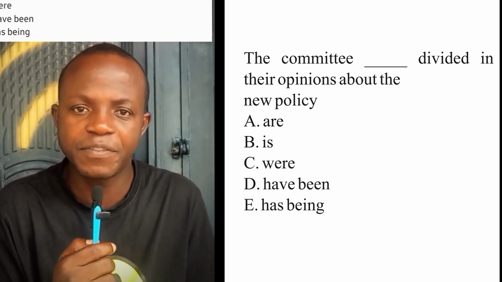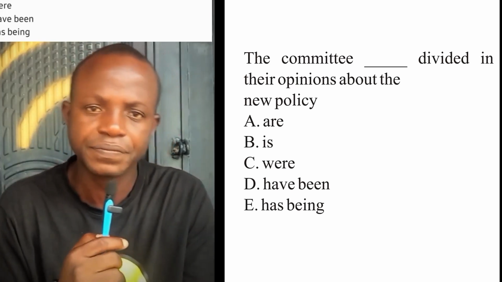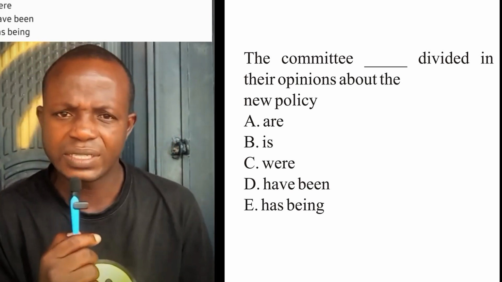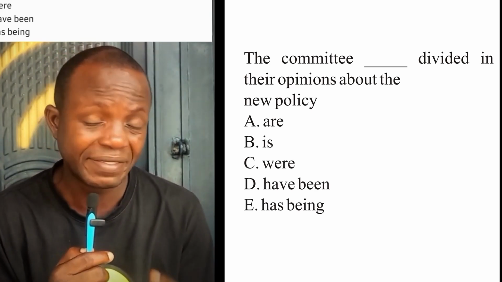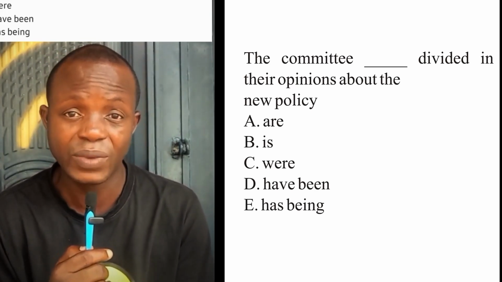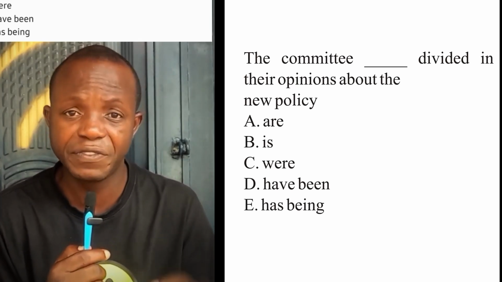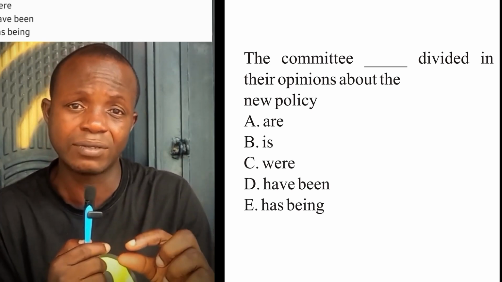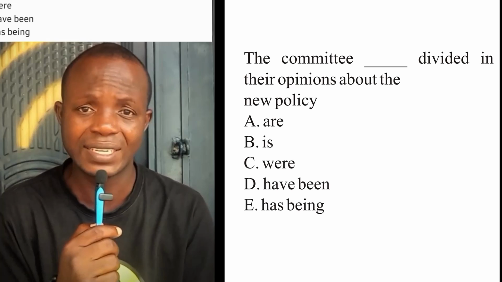Option D, have been, whereas option E, has been. This question is based on concord. Before we'll be able to find the right verb, because the verb is missing, we must first of all identify the type of noun. Committee is the subject of the sentence.